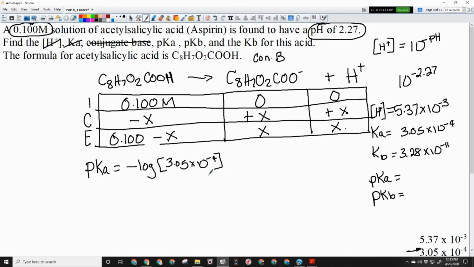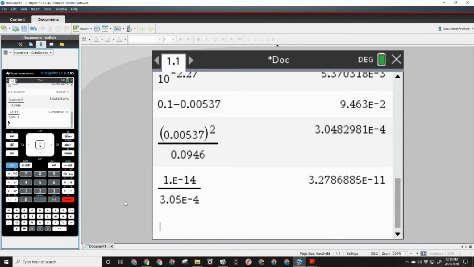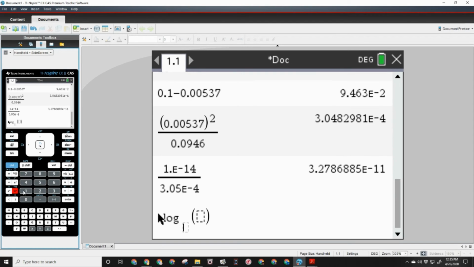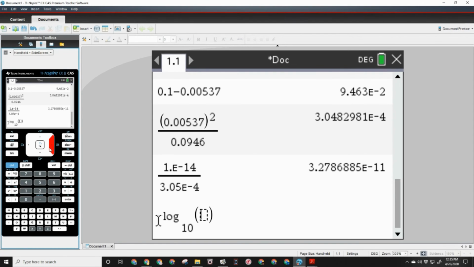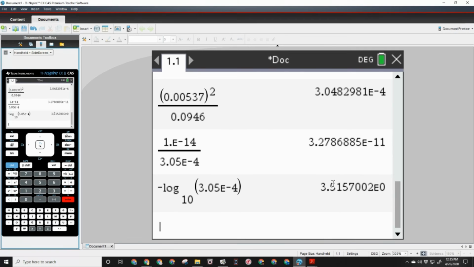So let's do that. Negative log of 3.05 times 10 to the negative 4, and this is going to give us 3.52.